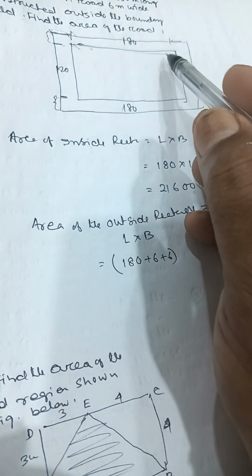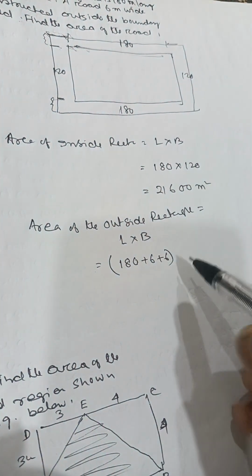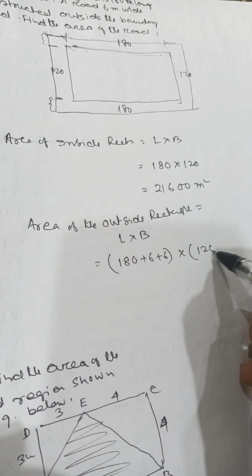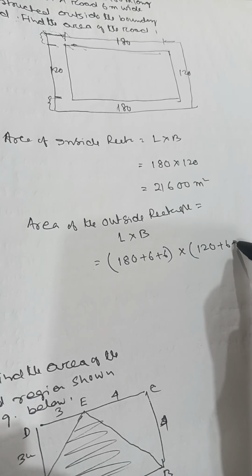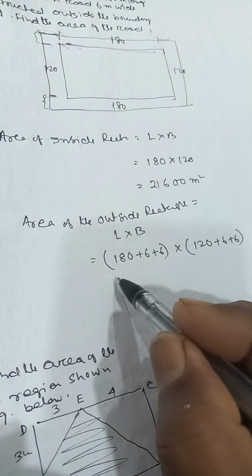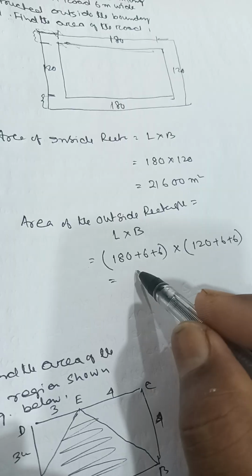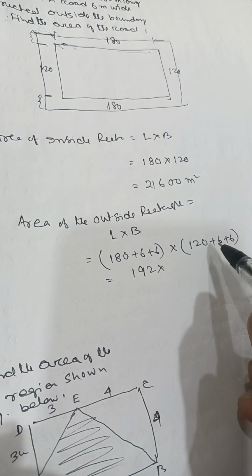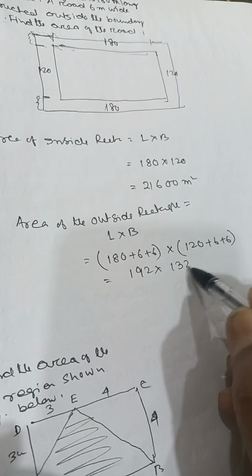This 6 and this 6 for path. Into breadth is 120, again 6 more on both sides. So their sum will be 192, and here the sum will be 132.